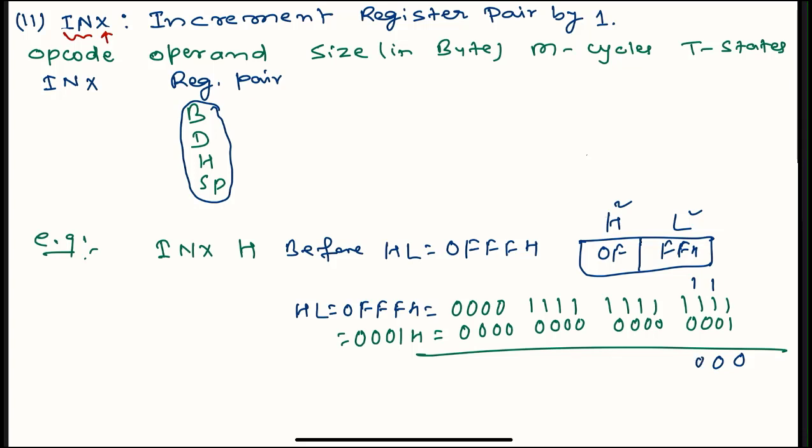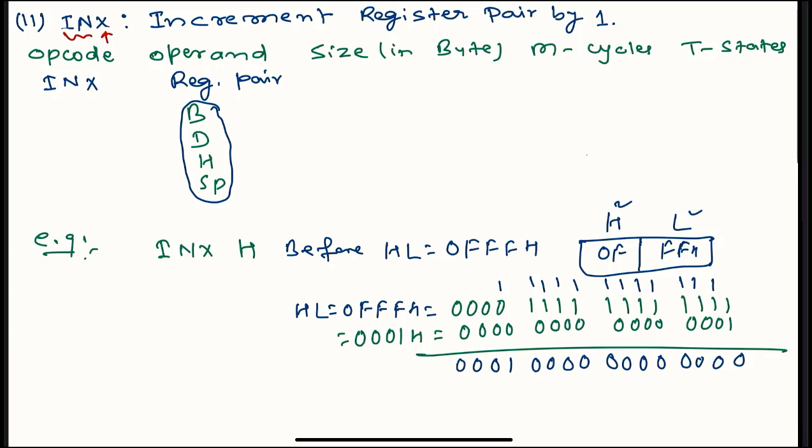Like that it continues, 1 plus 1 plus 0 gives sum 0 and carry 1 at each stage, and at the last stage the carry gives 1 here and the remaining bits are 0, 0, 0.